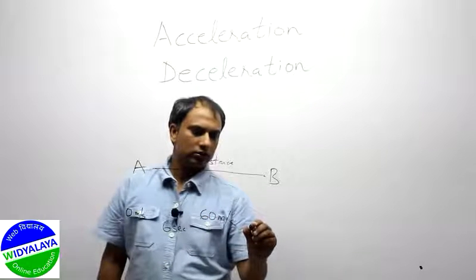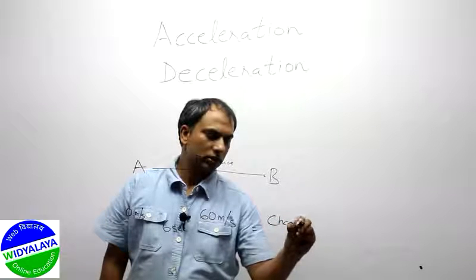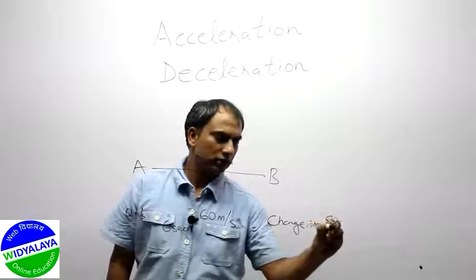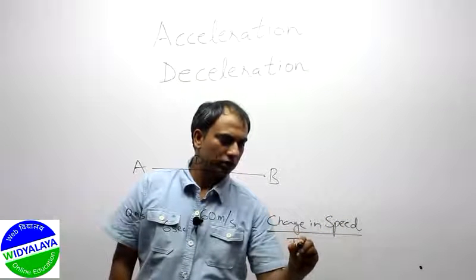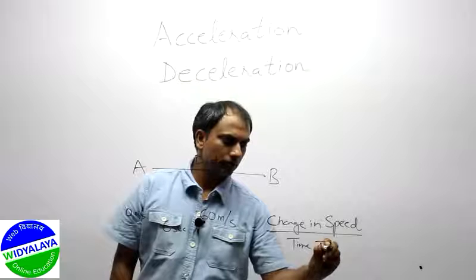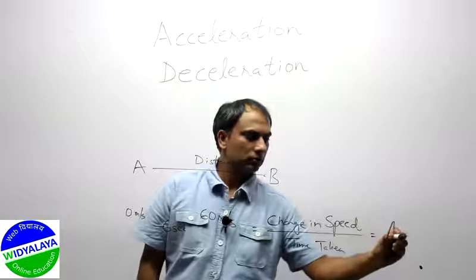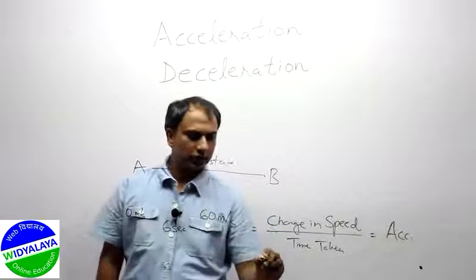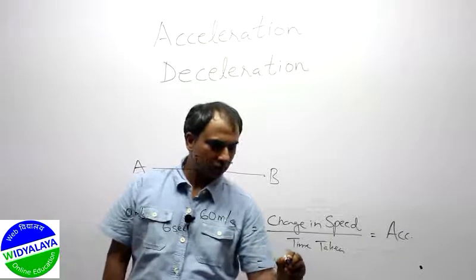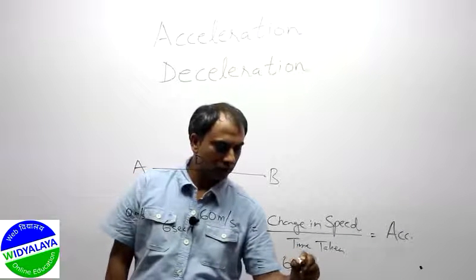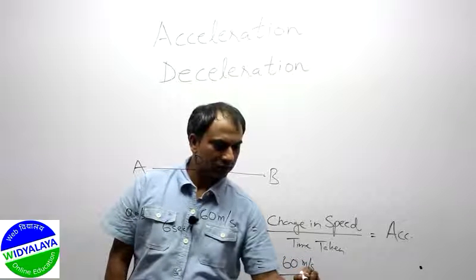So what we are saying is change in speed divided by time taken to change is called acceleration. So in this case, it is 60 meters per second minus 0 meters per second, which is 60 meters per second, divided by time, which is 6 seconds.